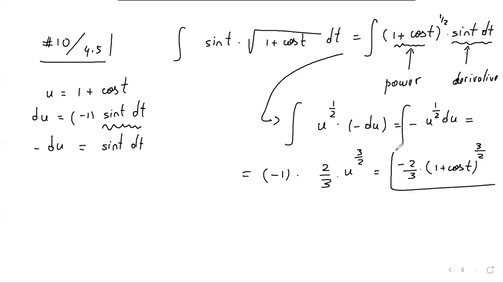And that's the final answer. I'm not going to bother you with that constant. If you want, you can put plus a constant here, but that's not important. So, folks, this is the antiderivative. And again, it's the exact same type of problem, just cleverly disguised with these trigonometric functions.